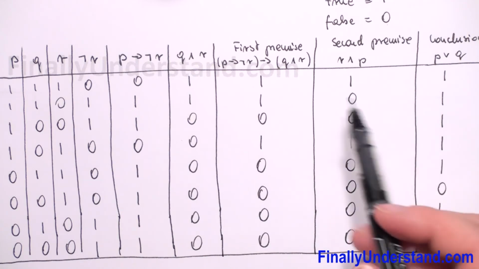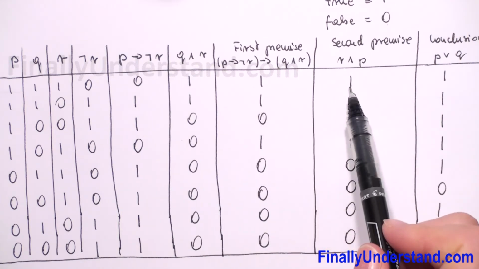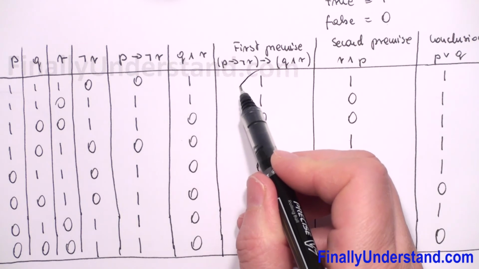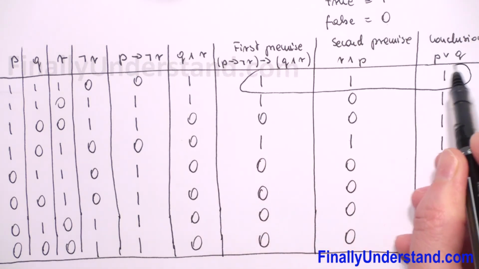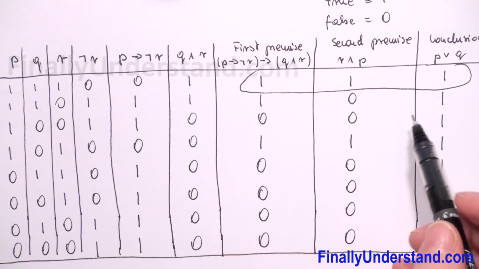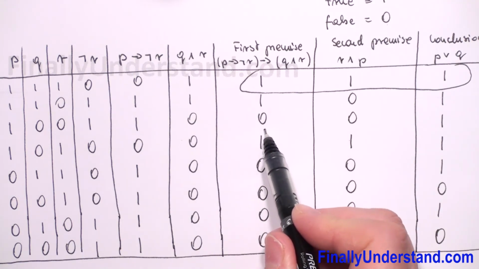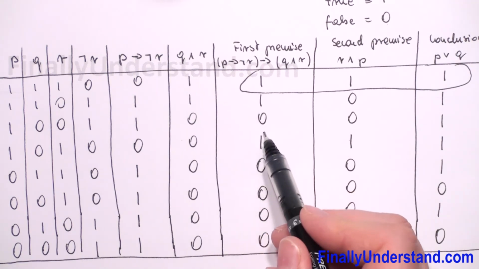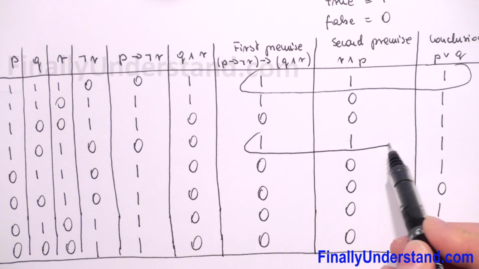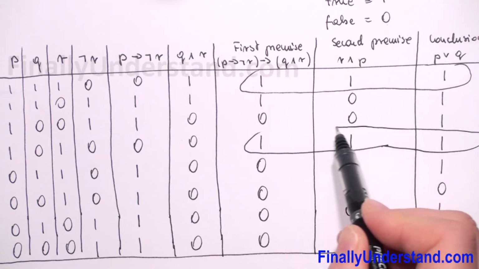And now we have to check our premises and conclusion. We have true premises in the first row, and the conclusion is true. We have true premises in the fourth row, and the conclusion is true.